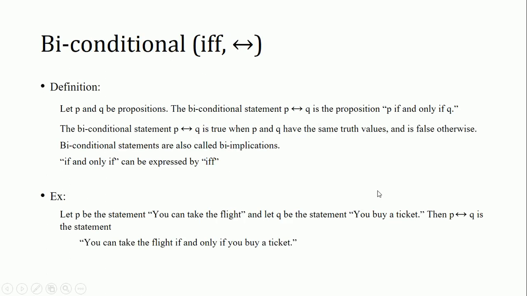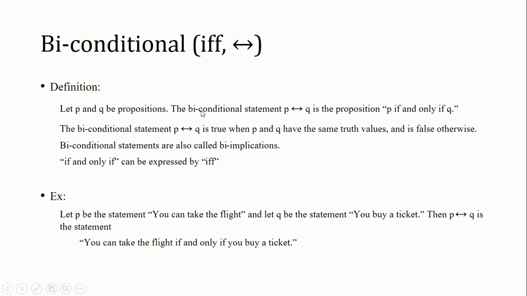Okay, lastly, last na connective natin is yung biconditional or yung if and only if. Tinatawag natin "iff" with double F. Okay? So, yung sign niya is yung double-sided arrow. Okay, definition. Let P and Q be propositions.